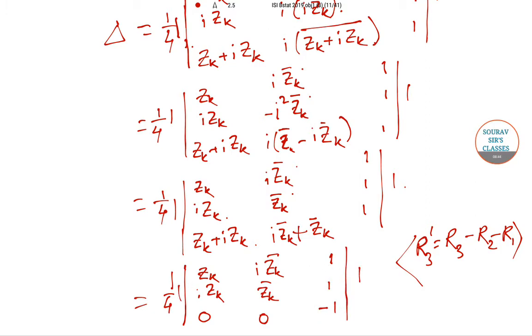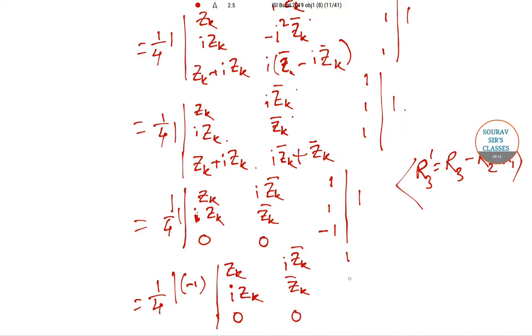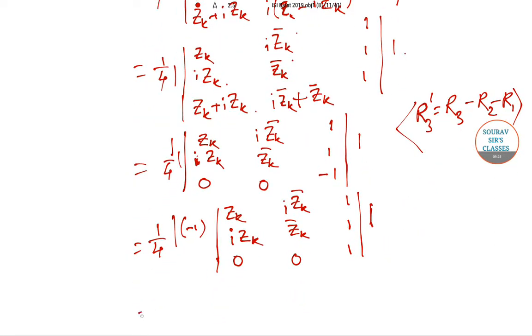Taking the minus 1 out, the modulus of minus 1 is 1, so it is 1/4.